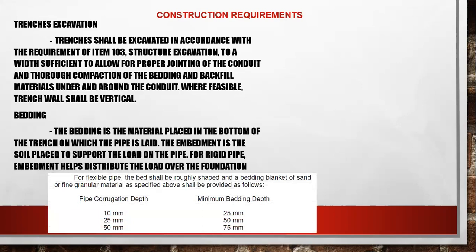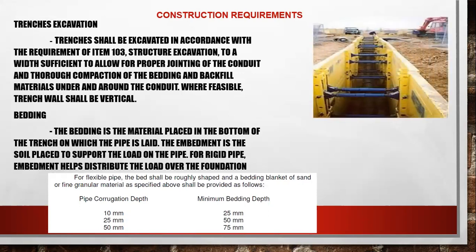For flexible pipe, we should follow the pipe calculation depth and the minimum bedding depth. For example, if we use a 10 millimeter pipe calculation depth, we should use a minimum bedding depth of 25 millimeters. This is the picture of the trench excavation.